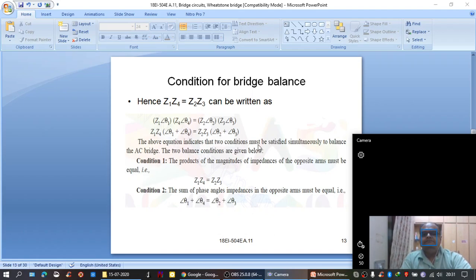The above equation indicates that two conditions must be satisfied simultaneously to balance an AC bridge.